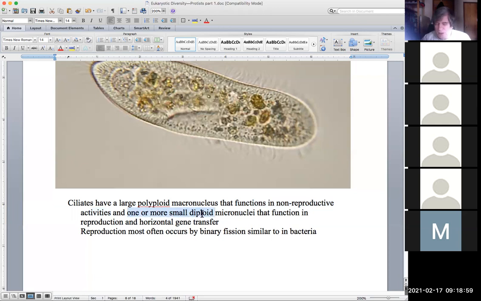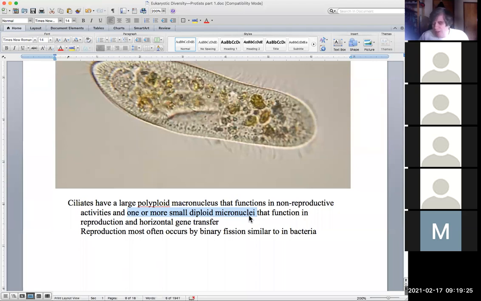Now, the other thing that's unusual is these organisms have one or sometimes more than one small micronucleus. And the micronuclei, I should say, since there's more than one, are diploid. So notice that the 2 nuclei don't have the same number of chromosomes.